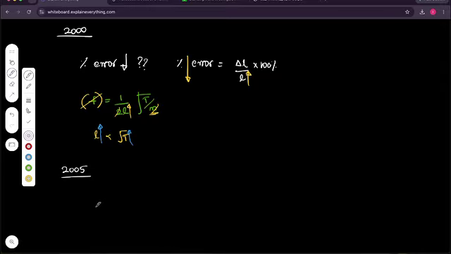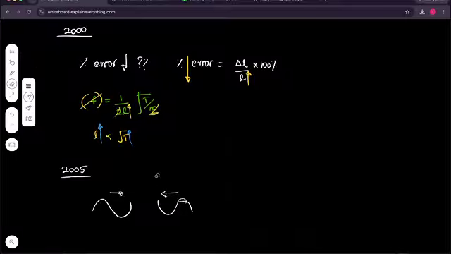A standing wave is actually two identical waves moving in the opposite direction. It may be like this or maybe the other way as well, no problem.